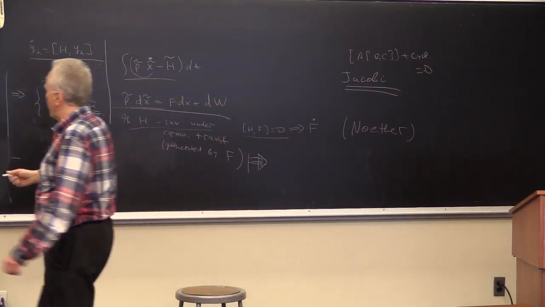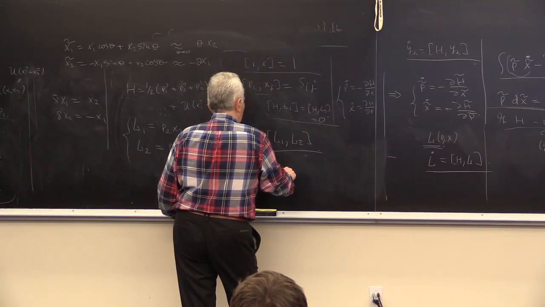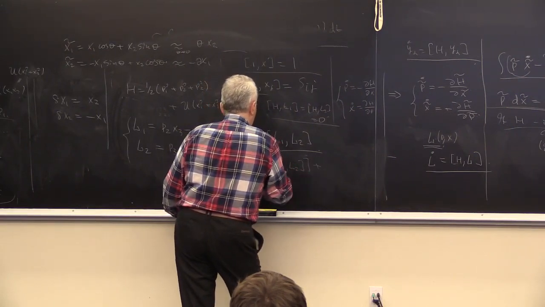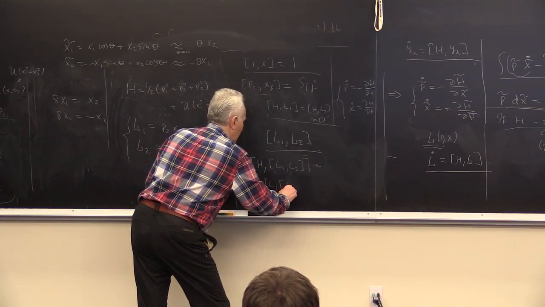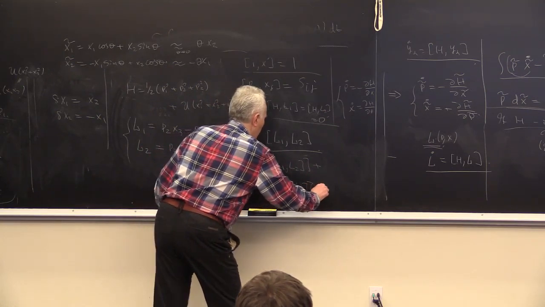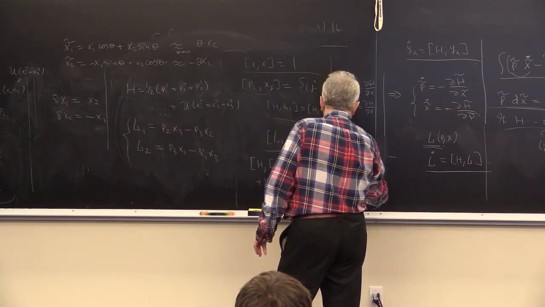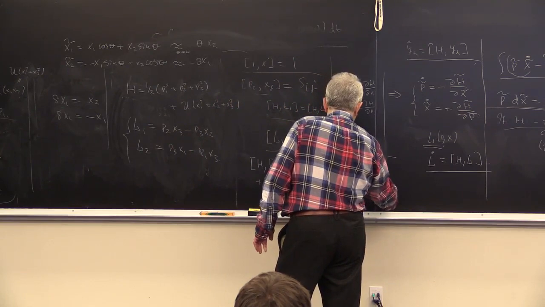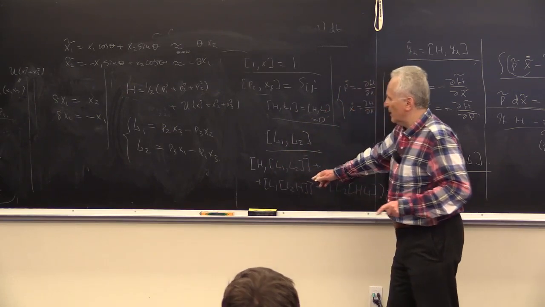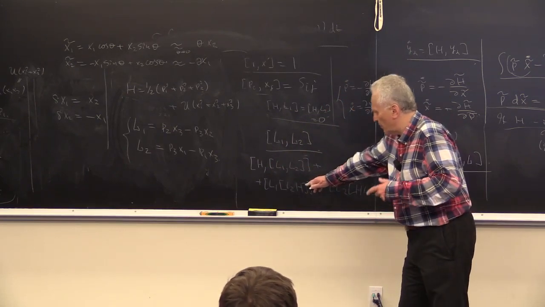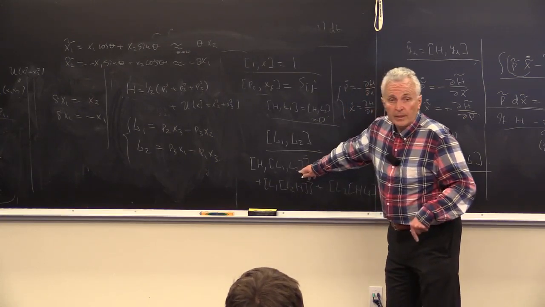And so if you calculate {H,{L1,L2}} plus {L1,{L2,H}} plus {L2,{H,L1}}, that is 0. I hope you notice that I'm writing it in this form. So from here you immediately see that if these are 0, then this is also 0.